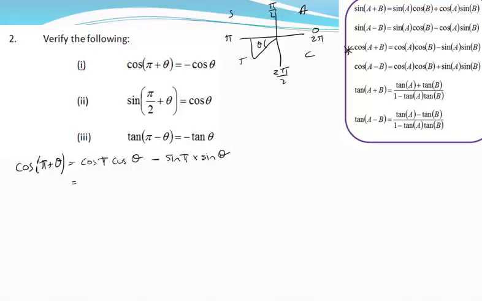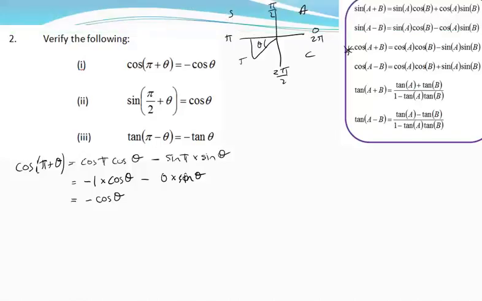So cosine of pi is negative 1 multiplied by cosine of theta. And then our sine curve, at pi, is cutting through the x-axis and so is equal to 0 multiplied by sine theta. So this one will cancel out and we're going to have equal to negative cosine of theta.